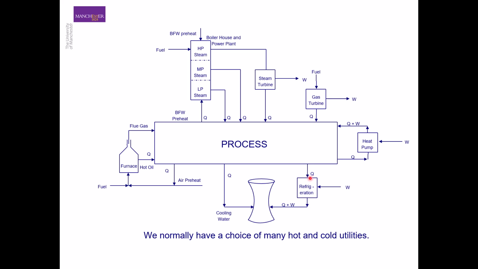So in a chemical process, the highest temperature utility that we can provide comes from the furnace, and it actually comes from the flue gas, and the temperature of the flue gas is normally in excess of 2000 degrees centigrade, and it is associated with the burning of fuel inside this furnace.